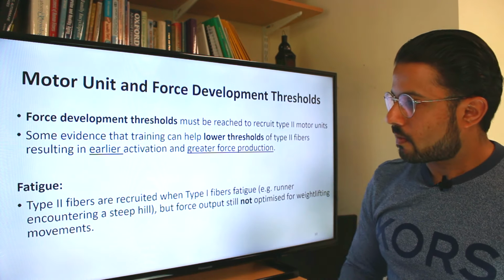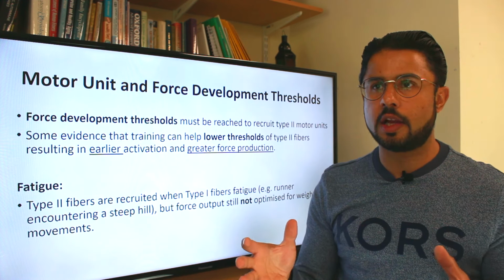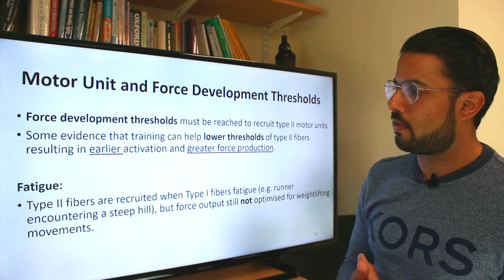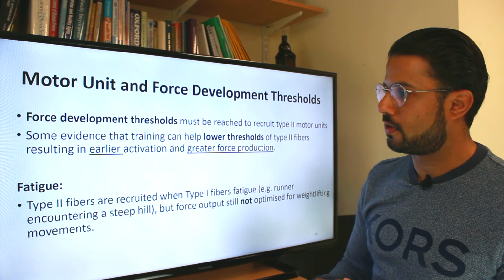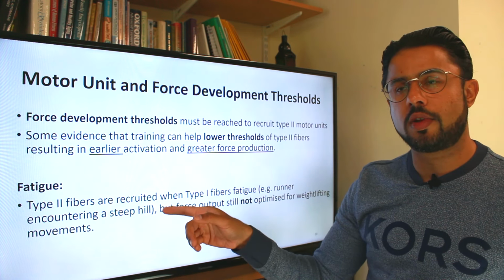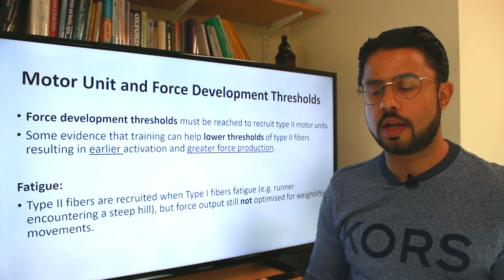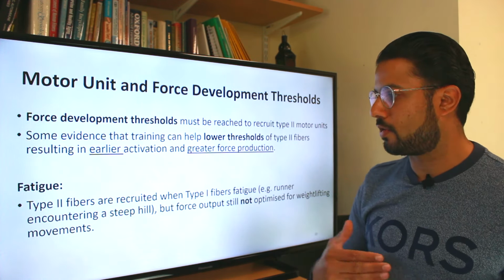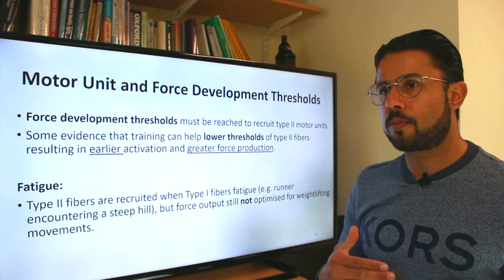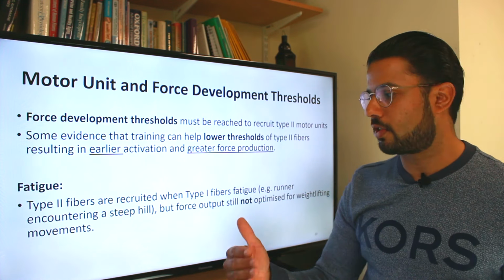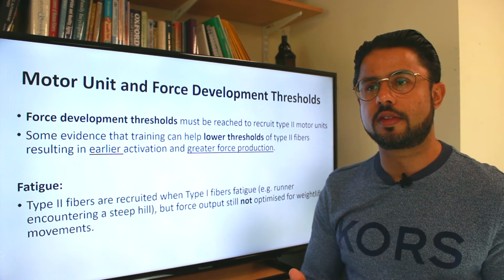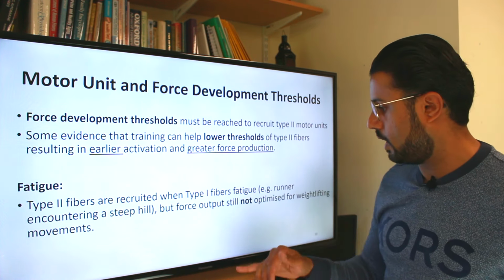Okay. Now you may hear or read that there are other ways to activate type 2 fibers. Fatigue is one. Generally, if, for example, you're an endurance runner running along and you suddenly encounter a steep hill, you probably are going to get activation of your type 2 fibers. They're going to increase the force output, and you'll be able to run up that hill.